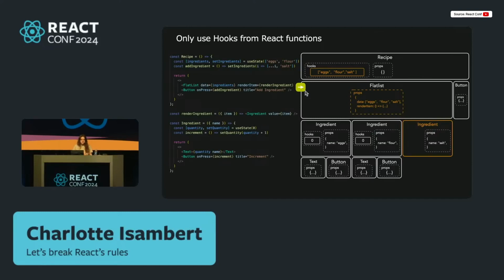We're done with FlatList, so we move on to the next fiber, ingredient. useState reads its value from here. Same goes for flour. And when we reach salt, this useState sees that this fiber is in a mount state, not in a render state like FlatList is, like all of the other fibers are. So it knows it has to write its default value into the fiber instead of trying to read it from the fiber.